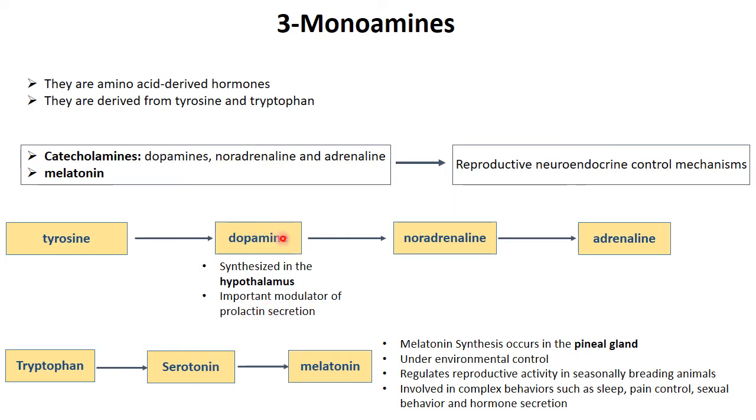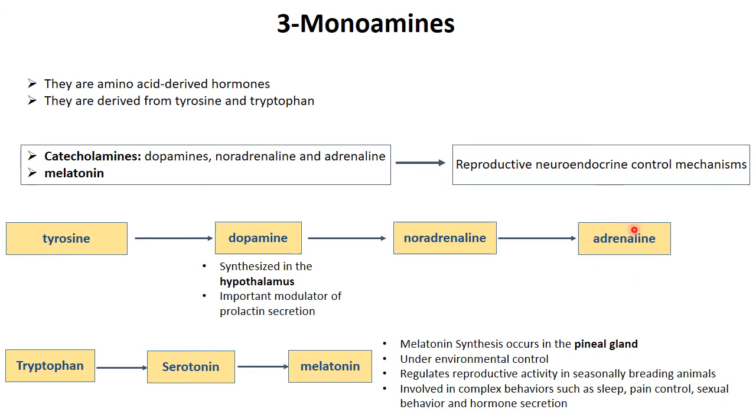Dopamine is converted into noradrenaline, and noradrenaline is converted into adrenaline. So all three hormones are derived from tyrosine, and each one is converted to the other. Dopamine is also known as the happiness hormone, with serotonin. They give us the feeling of happiness.